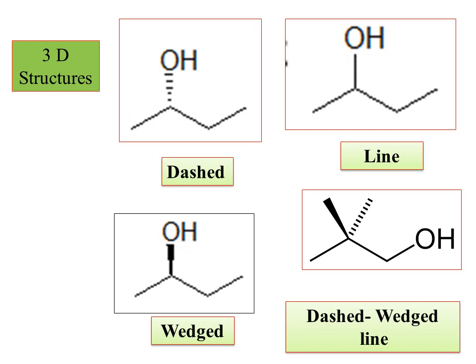Ball and stick models are 3-dimensional ones, and when we represent them on a 2-dimensional paper or board, we call it 3D structures. So we can write the line, the dashed lines or wedged lines, to say whether that bond is towards the observer or away from the observer. In order to understand that, we have 3D structures.